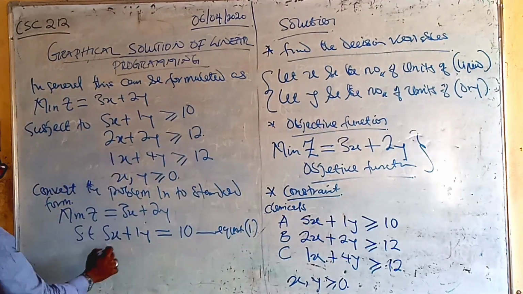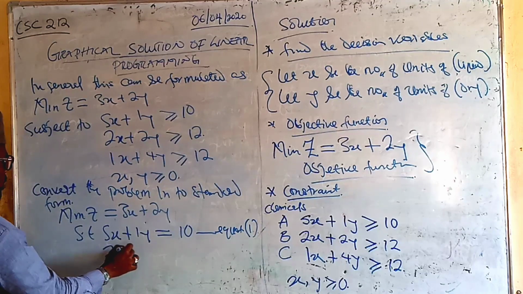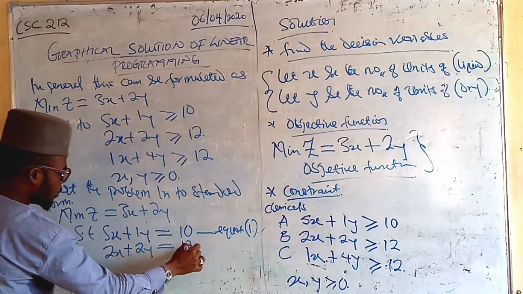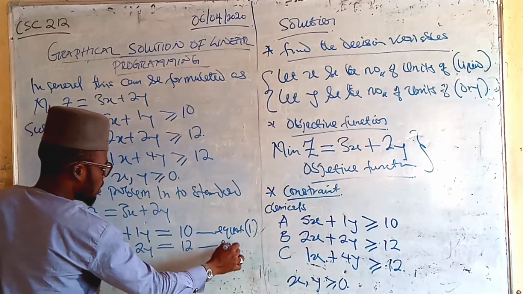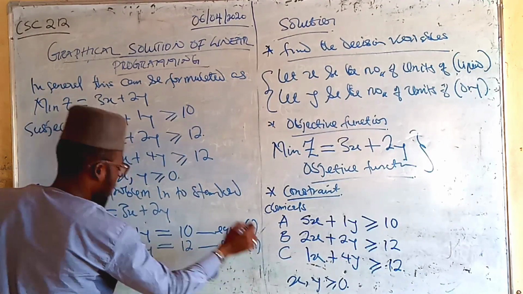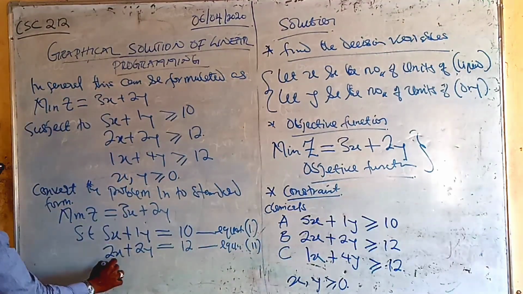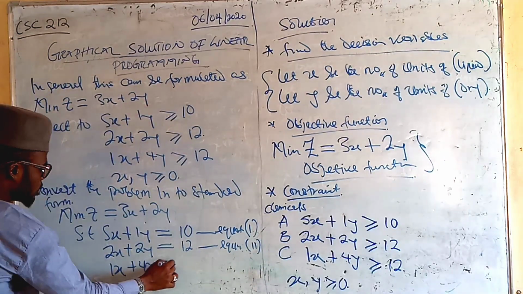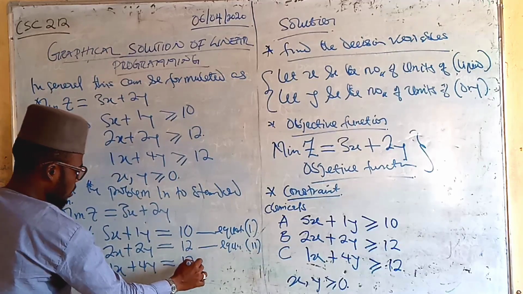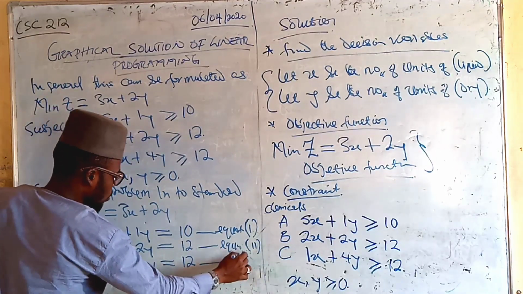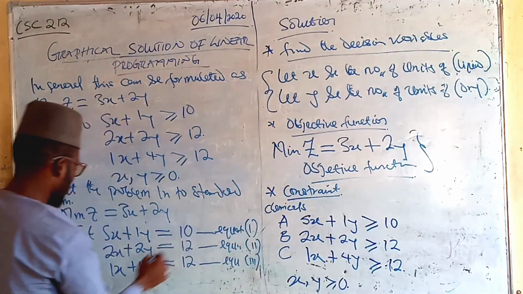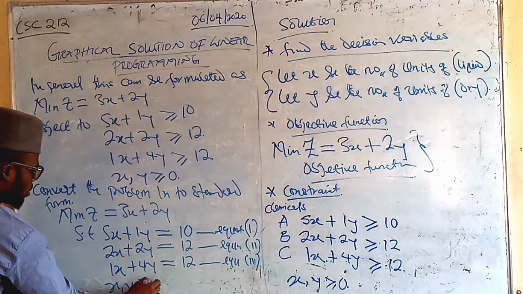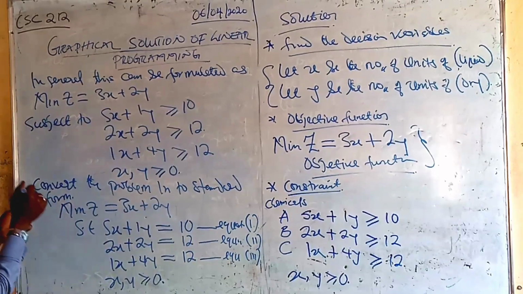Then 2x plus 2y is equals to 12. We call this equation 2. Then 1x plus 4y, which is equals to 12. We call this equation 3, with our x and y greater than or equals to 0.